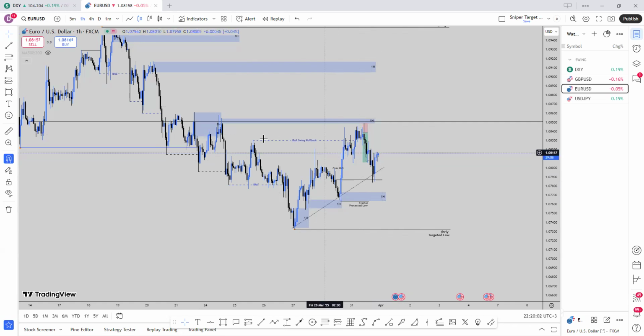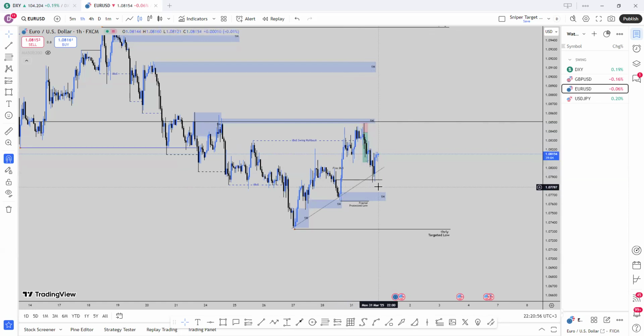So what can we expect? We did break structure to the upside. Our expectation is that price will pull back to form that higher low, because right now we did put in a higher high.